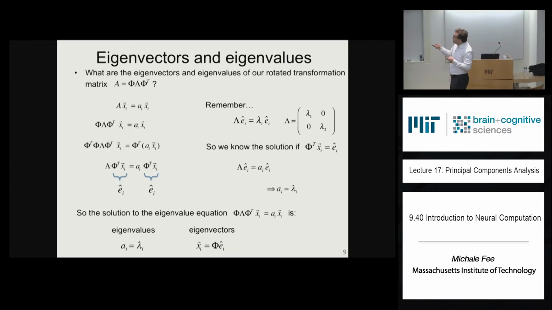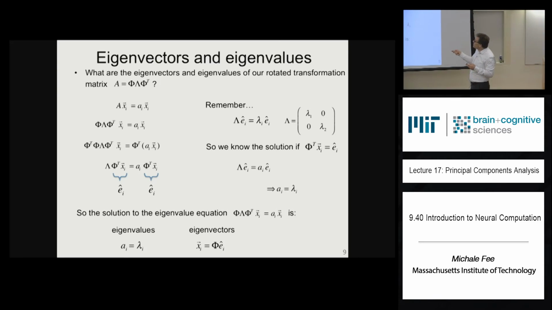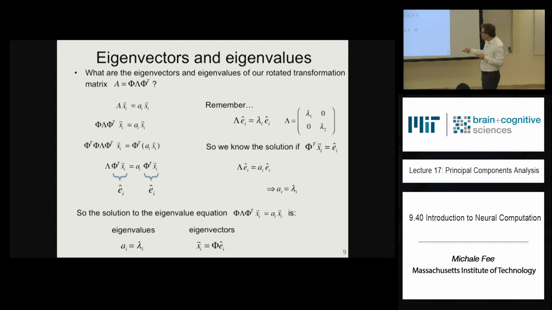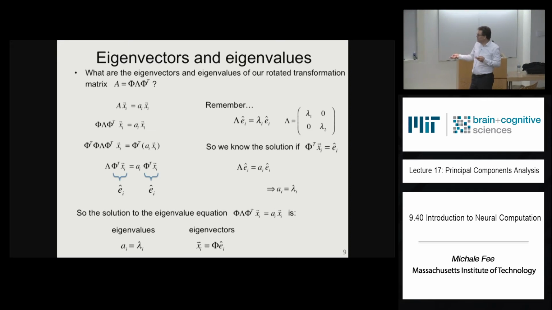And if we solve for the eigenvectors of this equation where A has this form of phi lambda phi transpose, you can see that the eigenvectors are given by this matrix times a standard basis vector. So any standard basis vector times phi will give you an eigenvector of this equation here.